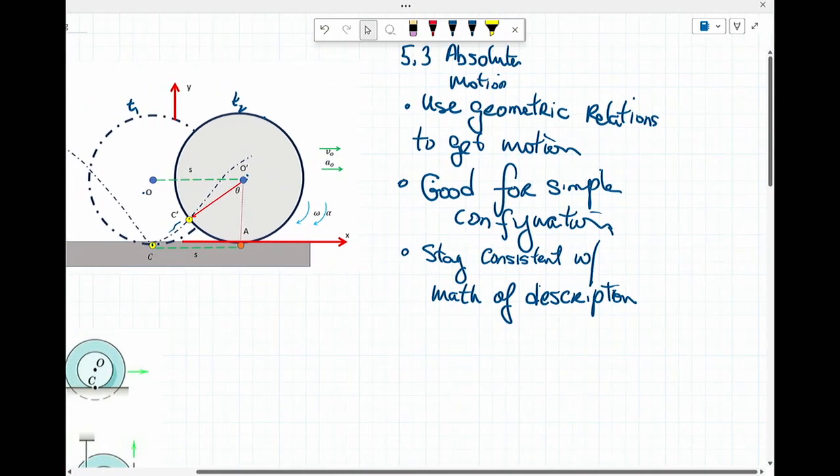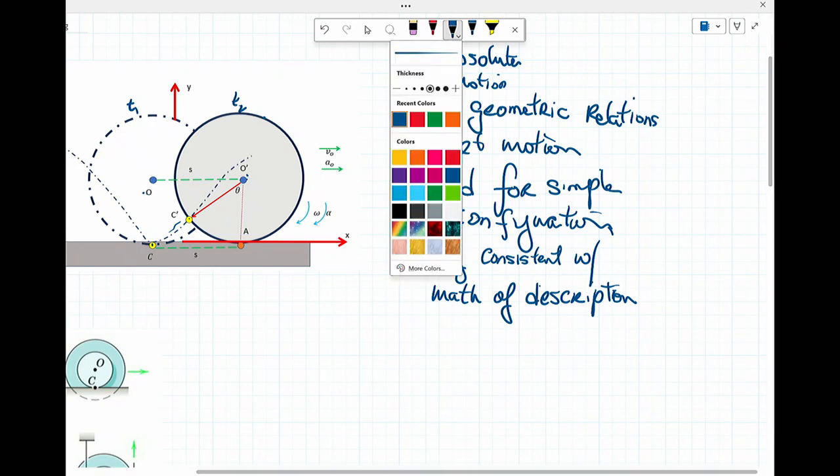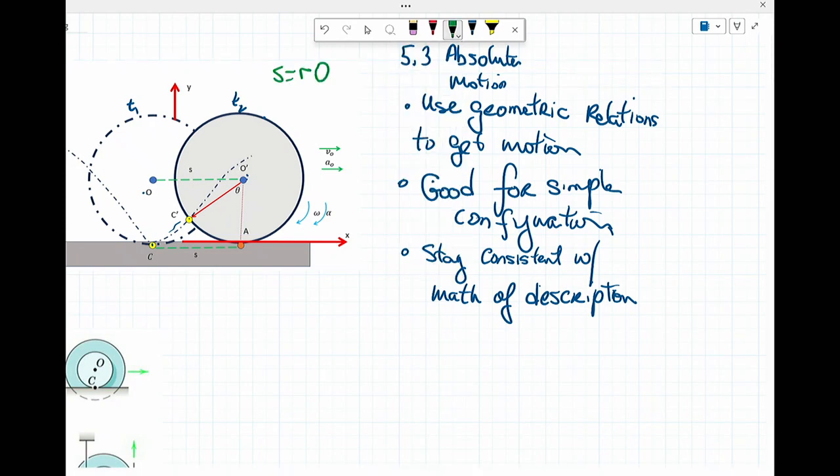So if I look at this, and I look at that distance between O and O prime, I've defined that as a distance S. That may not be clear.